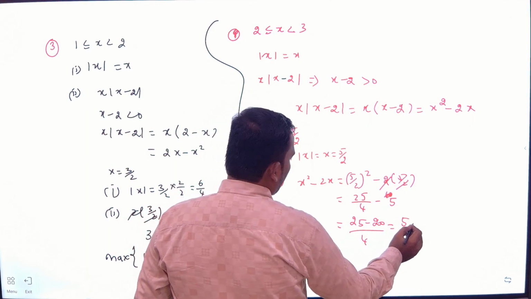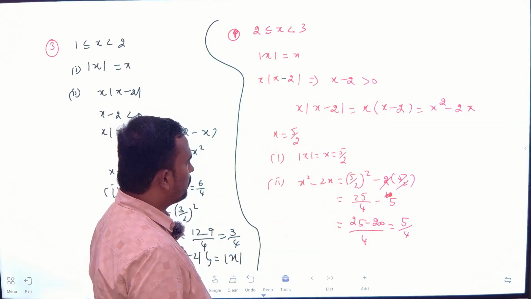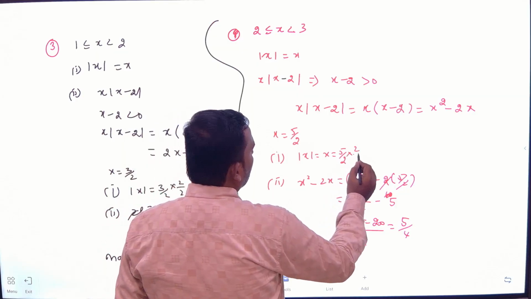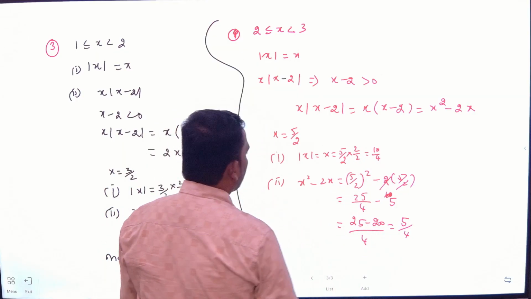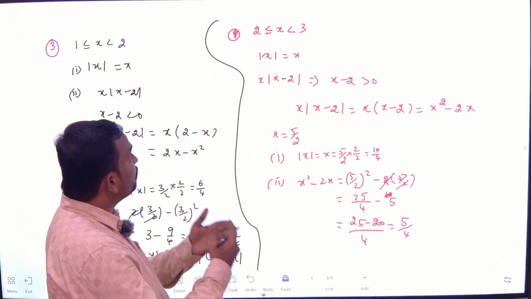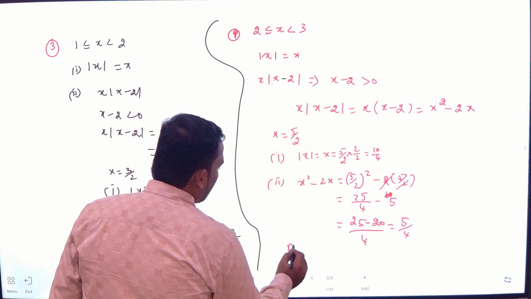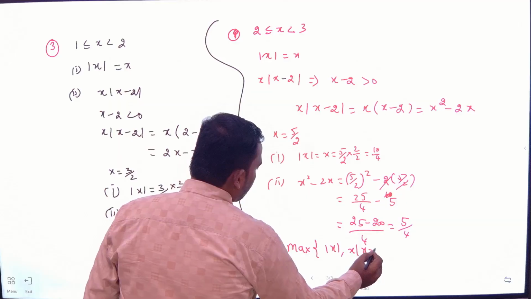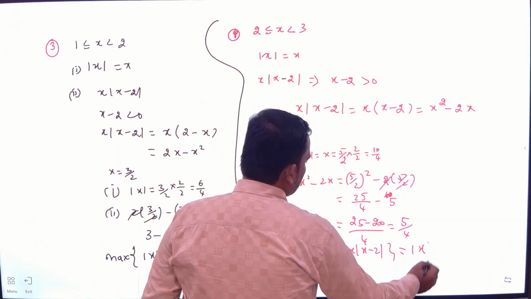It is 5 by 4. This is 5 by 2, this is 5 by 4. So which is larger here? Otherwise, you can multiply 2 and divide by 2, it will be 10 by 4 and 5 by 4. Again, in 2 to 3 also, mod x is the largest, right? So therefore, the maximum of mod x and x times mod x minus 2 here is mod x. Understood?